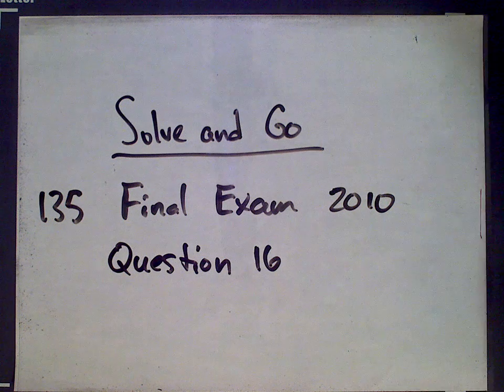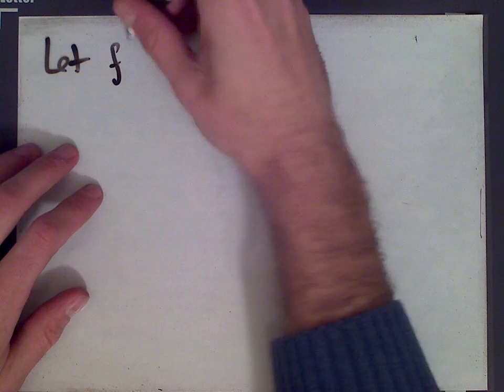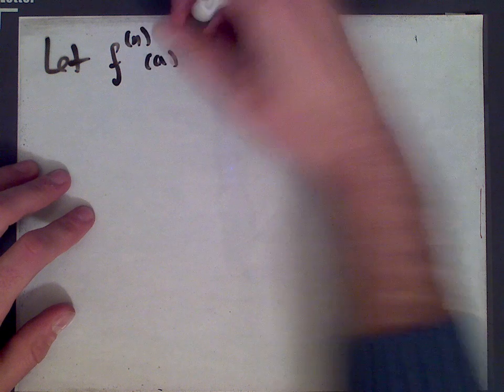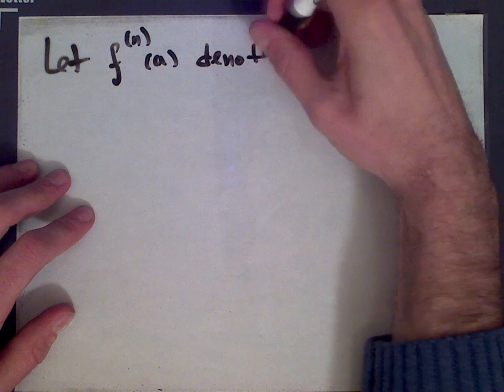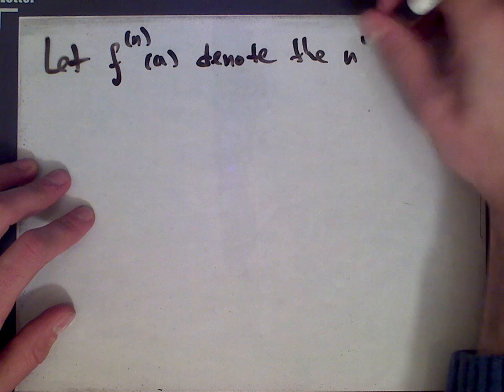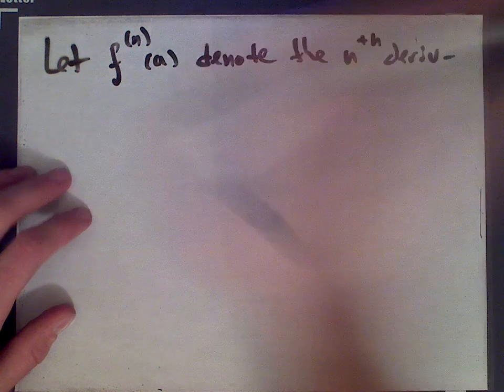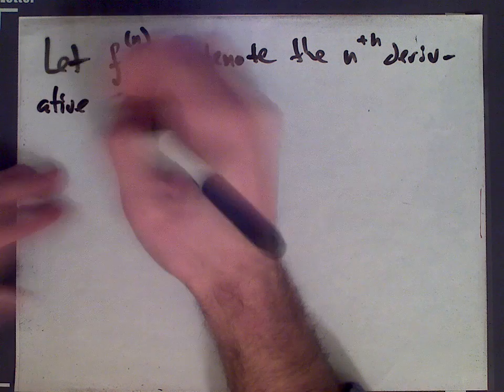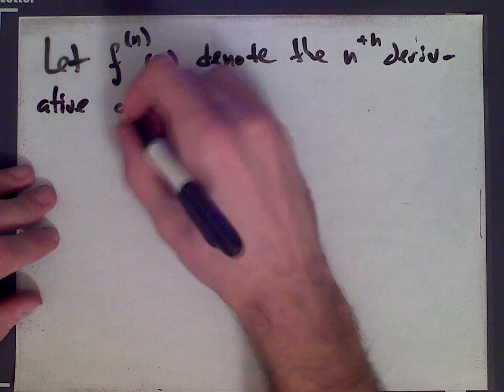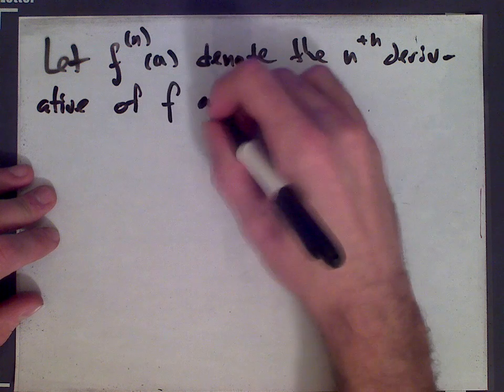This video is the next in a series of solutions to the Math 135 final exam from 2010. This question involves finding higher order derivatives, and we're going to need to find a pattern. So let me state the question for you. Let f to the power of n in brackets of a denote the nth derivative of the function f at a.